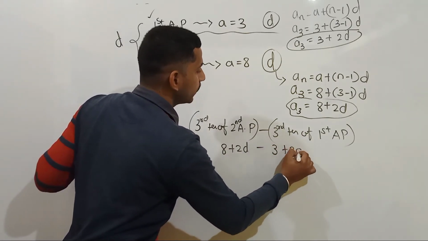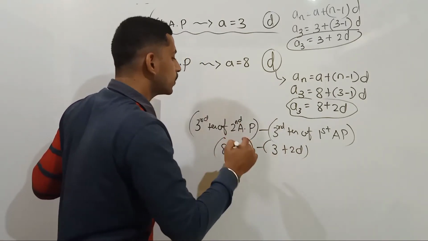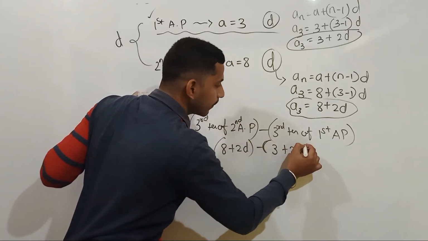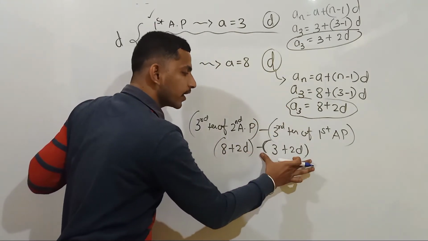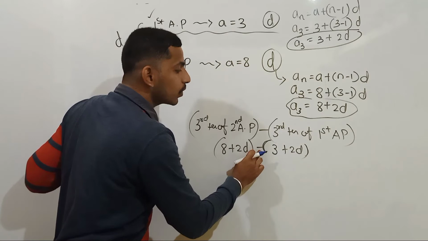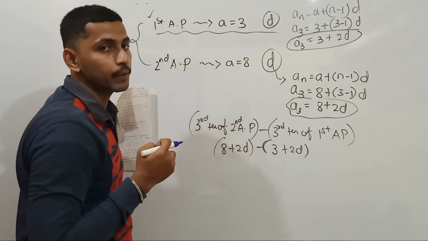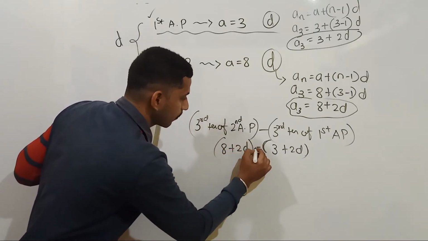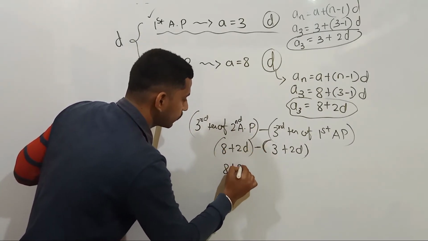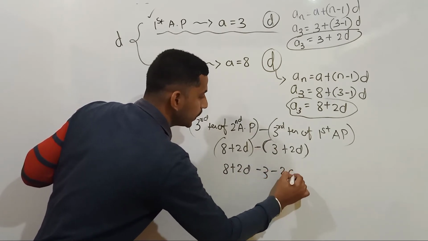3 plus 2d. Please remember, students, don't forget to put this bracket. Why? Because if you forget these brackets, you can't multiply this negative sign to the 2d. You should be very careful in these cases. 8 plus 2d minus 3 minus 2d.